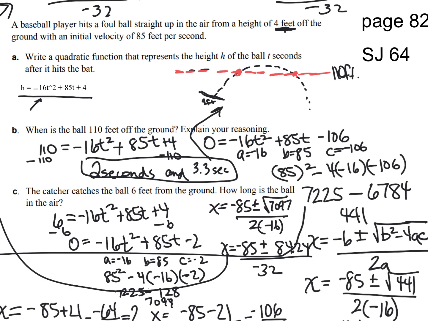And then dividing, I get 0.02, rounded to the nearest hundredth, 2/100ths of a second. And then the other one, negative 82.362, and then I'm just going to divide by negative 32. 2.57.